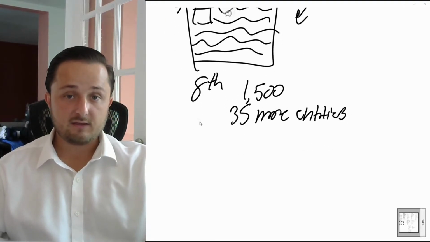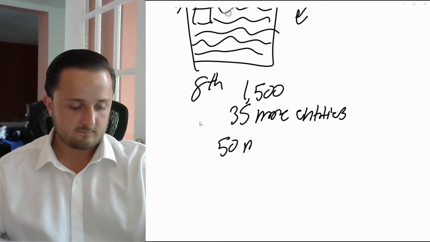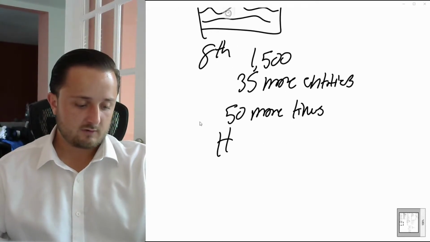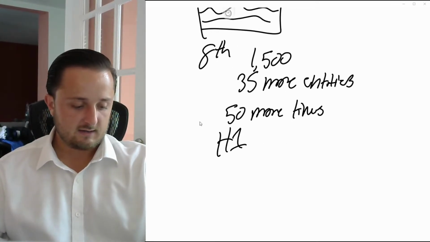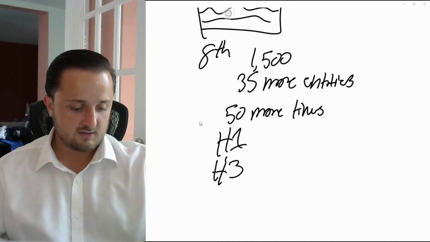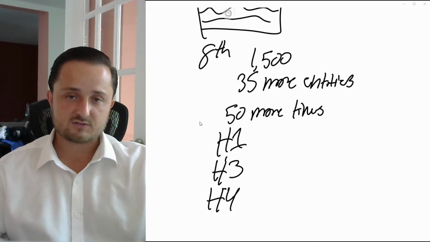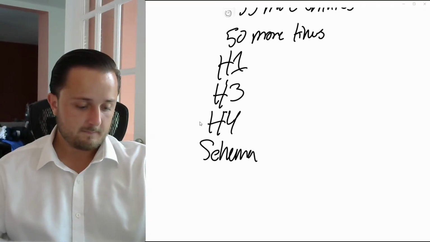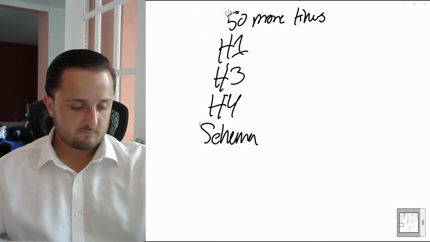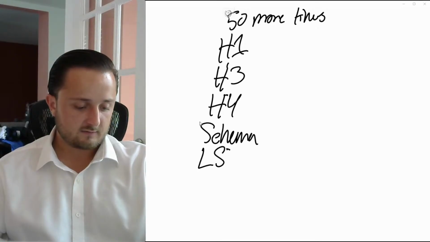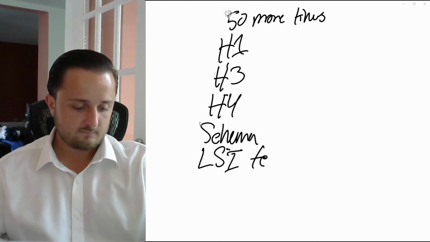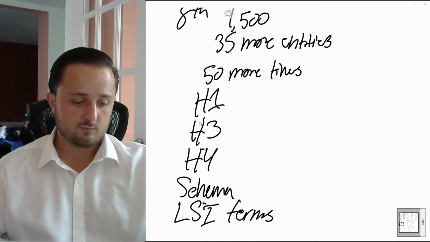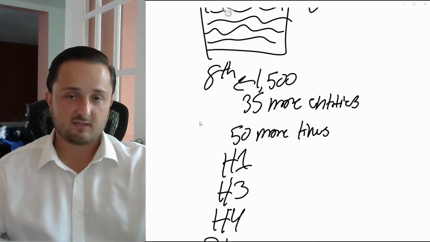I need to say my keyword 50 more times. I need more keywords in my H1, keyword variations in my H3, and more keyword variations in my H4. I need more schema on my page. Then I need more LSI terms. So this is what I have to go and do. This is what my page is lacking.